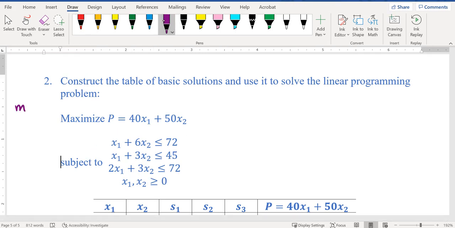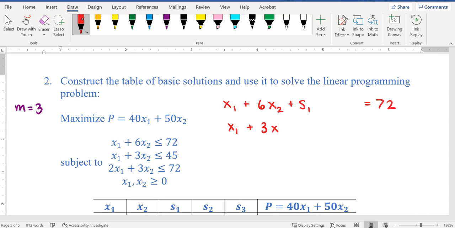Our E system: X1 plus 6X2 plus S1 will equal 72. X1 plus 3X2 plus S2 will equal 45. And 2X1 plus 3X2 plus S3 will equal 72. That is our E system.